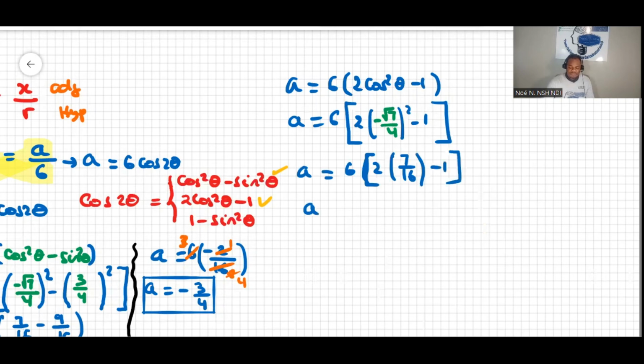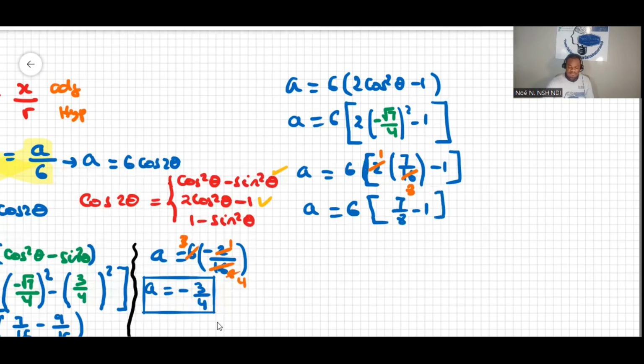A will be equal to, if you multiply here, we can simplify this and that, that makes 8, and then you're left with 1. Oh, we cannot do that yet, sorry. We simplify this and that, so this will be 6, square brackets here, that makes 1 plus, that makes 7 over 8 minus 1.